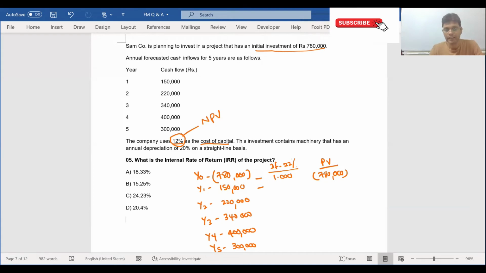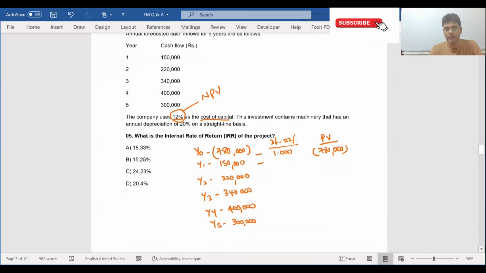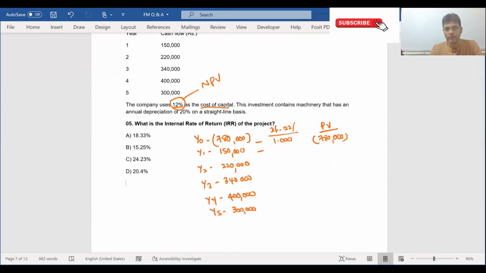Now let's take the discounting factors from the discounting factor table that will be provided in your exam. First of all, we'll take down from the table 0.820.